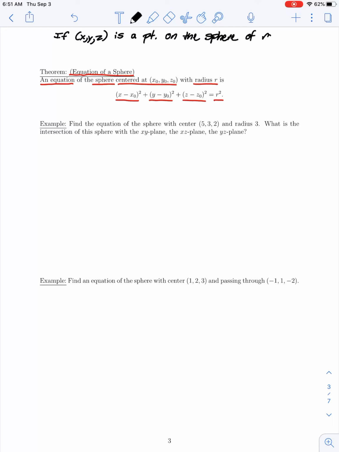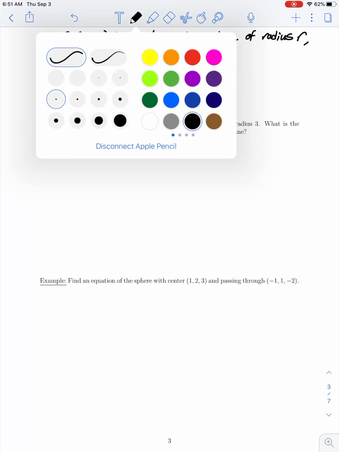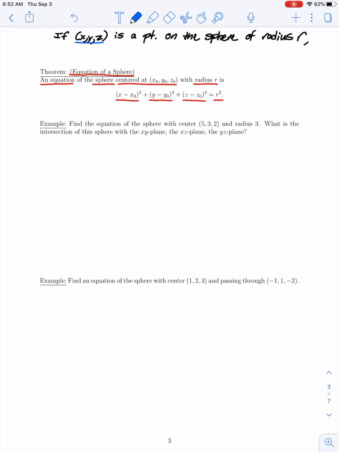that has a particular radius, let's call it r, then the distance from this point x, y, z to the center x naught, y naught, z naught is found by taking the square root of the sum of the squares of the differences between these coordinates.